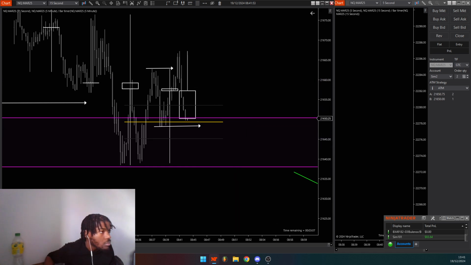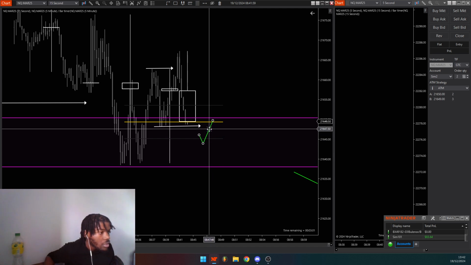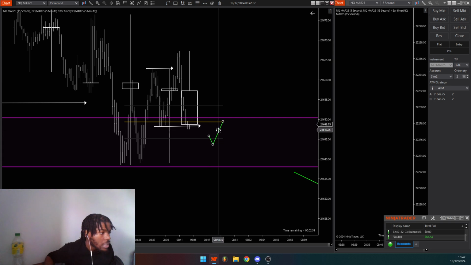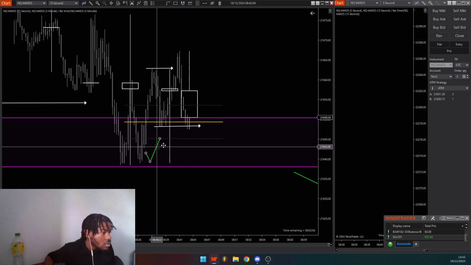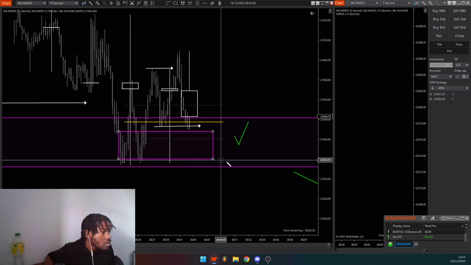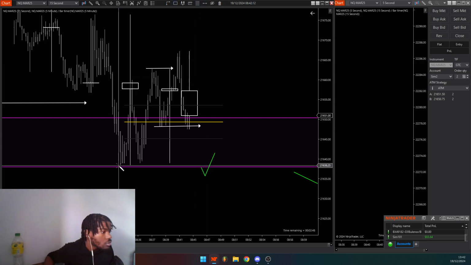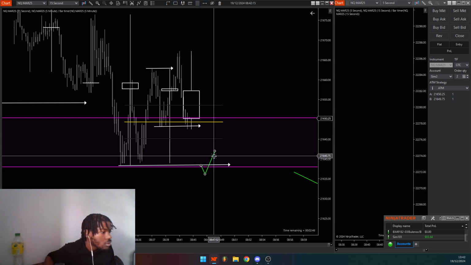If I see a flip, my idea of getting an entry will start here. It will start here, but it doesn't have to happen here. It can happen at the 70%. Usually the 70% correlates with the last down candle, but I don't know. It can happen below the structural low on this low time frame.